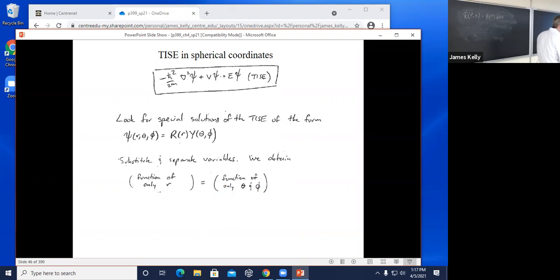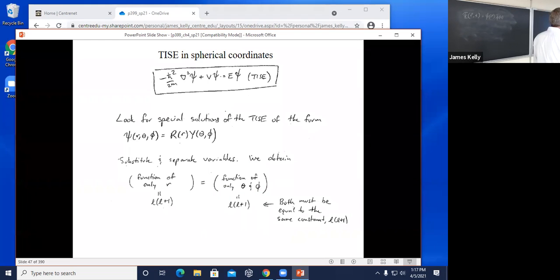They don't change as you change r, and this side doesn't change as you change theta and phi. Strangely enough, the constant, you could give it any name you wanted. We could have just called it c or something like that. But here, we're giving it a form that will actually make our lives a little bit easier later on. So for right now, just think of this as an arbitrary constant.